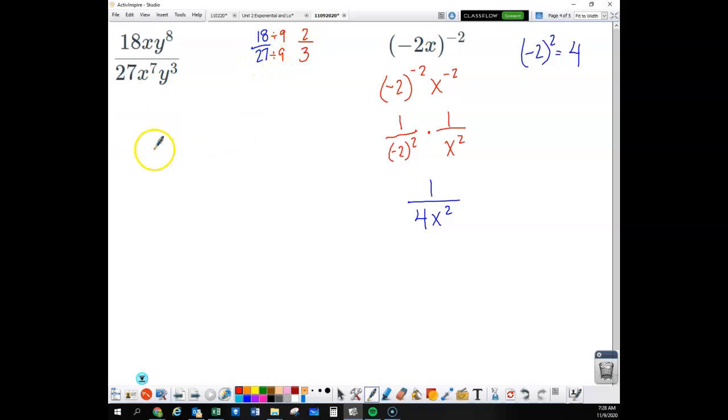So 2/3, right? And then I have x to the first power. Remember, if there's no exponent, that means it's a power of 1. And then divided by x to the power of 7. It's the numerator minus the denominator. So it's going to be x to the power of 1 minus 7. And then y to the power of 8 minus 3.